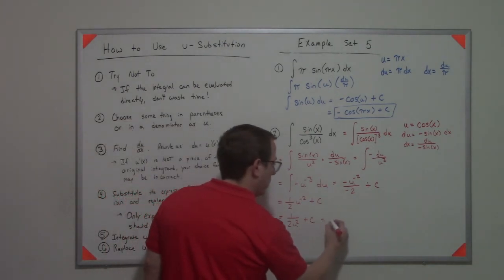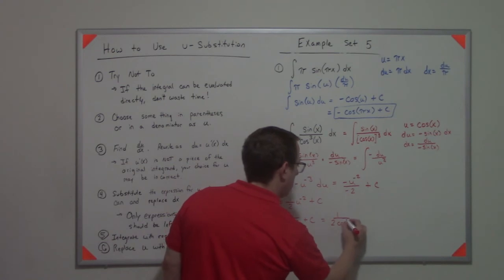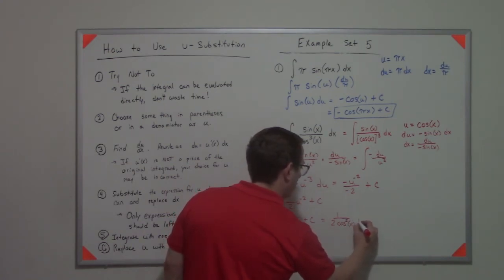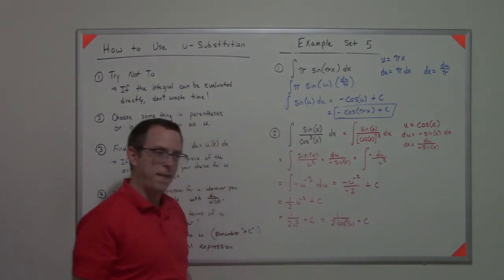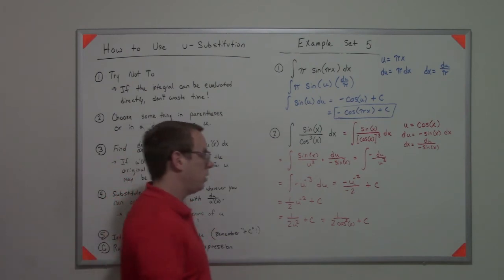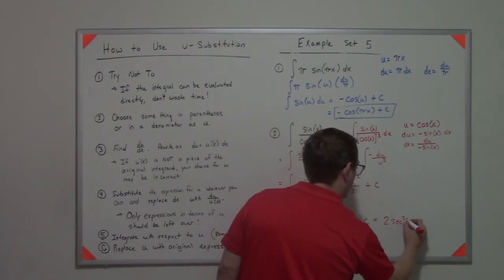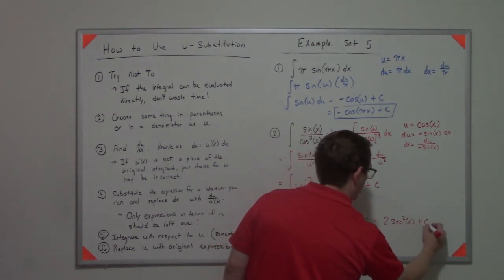So that gives me 1 over 2 cosine squared of x plus c. But 1 over cosine is secant, so I could say that's 2 secant squared x plus c.